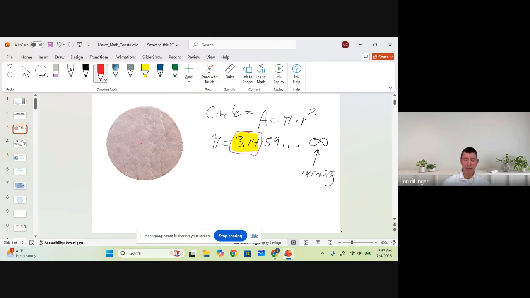Now, what is a circle? The definition is all points equidistant to the center. This right here is the center. So all points equidistant to the center point is a circle. It's in 2 dimensions. If you're wanting 3 dimensions, the same thing applies, but now you're talking about a sphere.